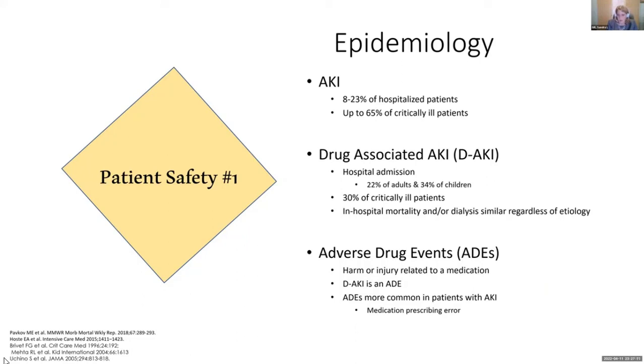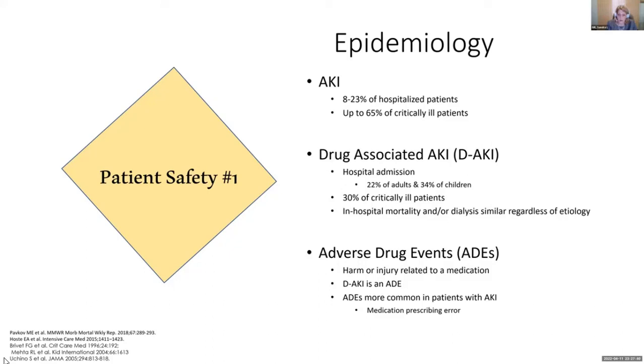Again, from an epidemiologic standpoint, these numbers vary so widely depending on the definition that you're using and depending how high risk the patients are that you're evaluating. But it can't be overlooked that acute kidney injury is common in hospitalized patients and even more so in the ICU.